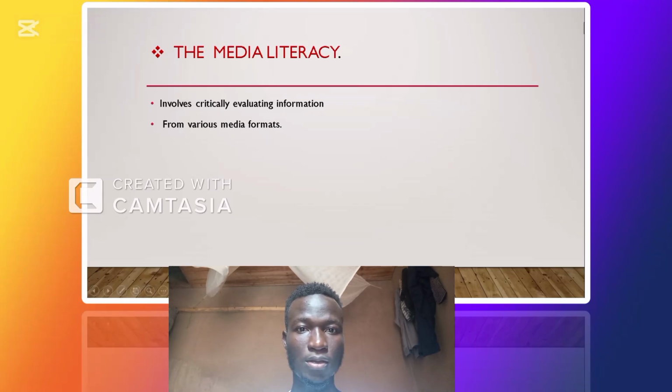Actually, this involves critically evaluating information from various media formats. That involves critically evaluating information from various media formats.